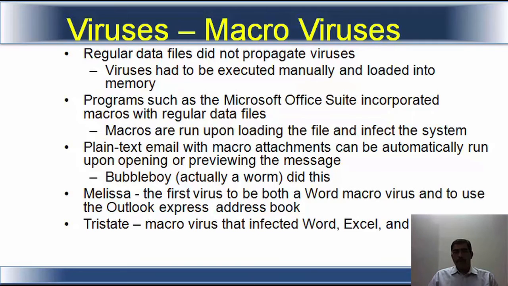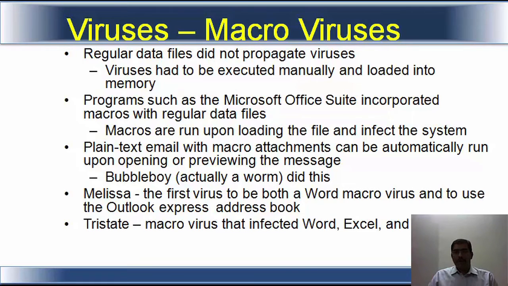Again, the Microsoft Suite itself incorporated macros with regular data files. Macros are run whenever the file is loaded, and it can infect the system if there is a macro virus. Plain text email with macro attachments can also be automatically run when the file is opened or when you do a preview of the file.